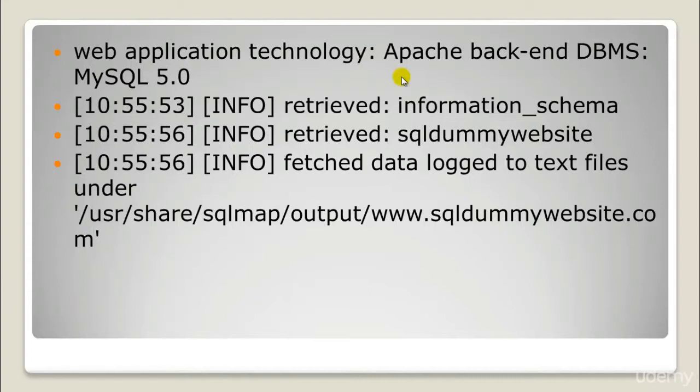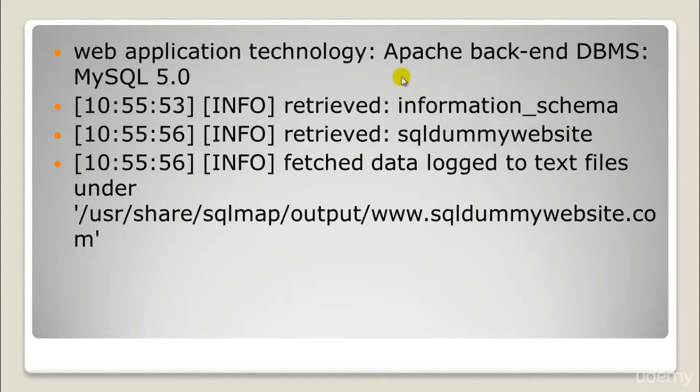So now we have two databases that we can look into. Information schema is a standard database for almost every MySQL database, so we don't need to worry about it. Our interest here is the SQL dummy website database. Now let's list the tables of the target database using SQLmap SQL injection.